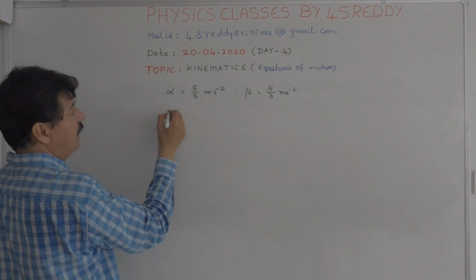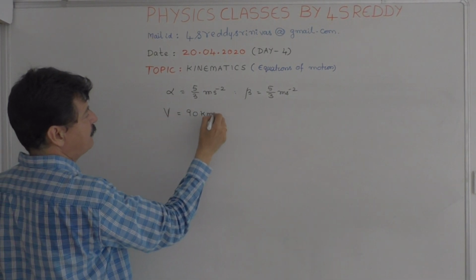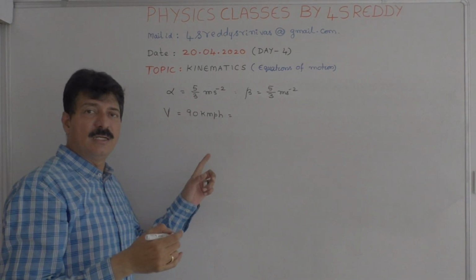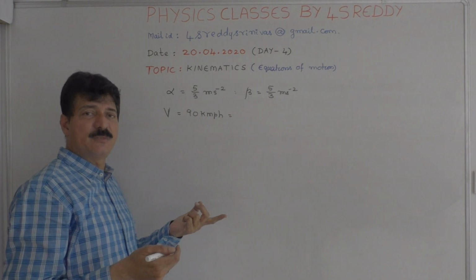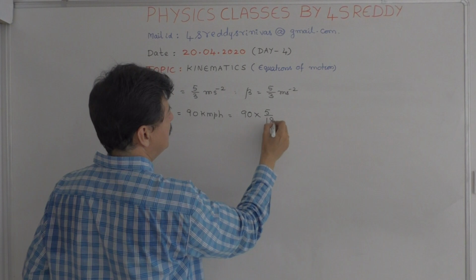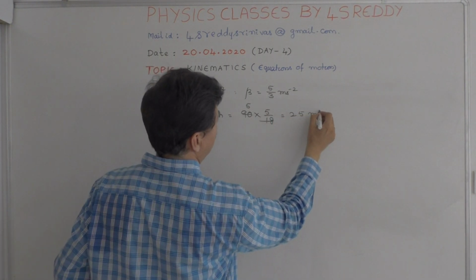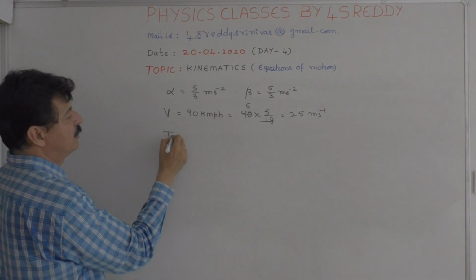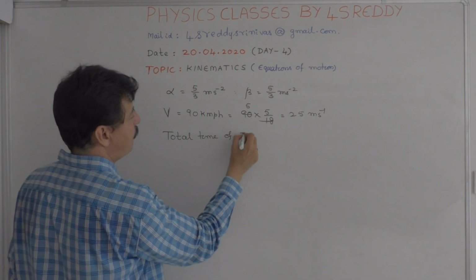And V is given as 90 kmph. But this should be converted in terms of meters per second. 1 kilometer per hour is 5 by 18 meters per second. That is 90 into 5 by 18. 18 fives are 90. So this becomes 25 meters per second. Once you got it, then total time of journey.